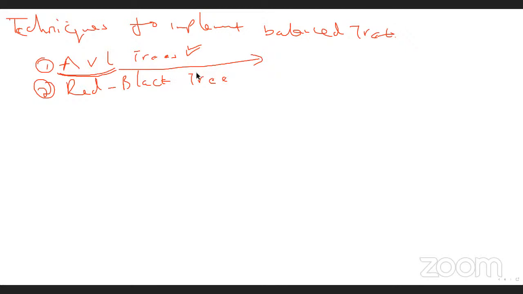What does AVL mean from the readings? Okay, I don't remember. It means self-balancing. Someone else?